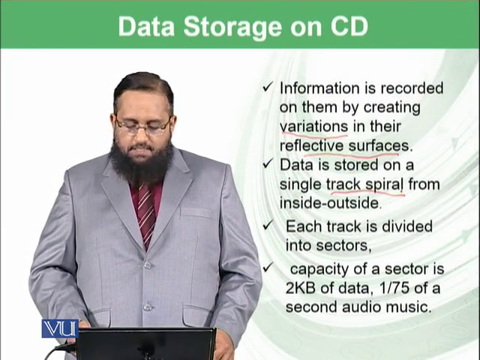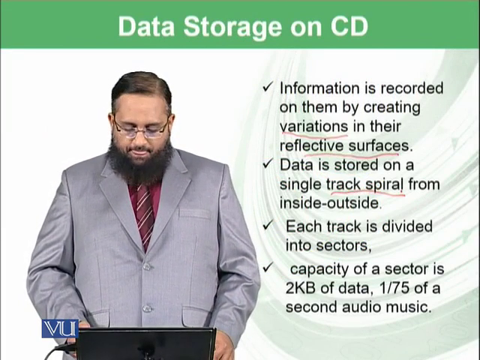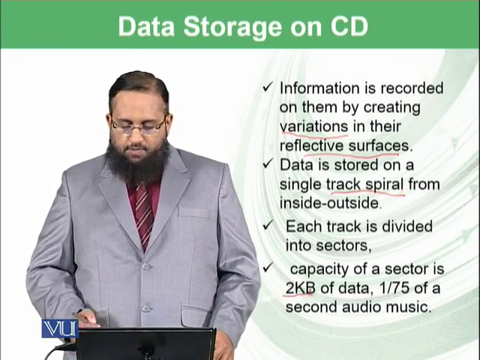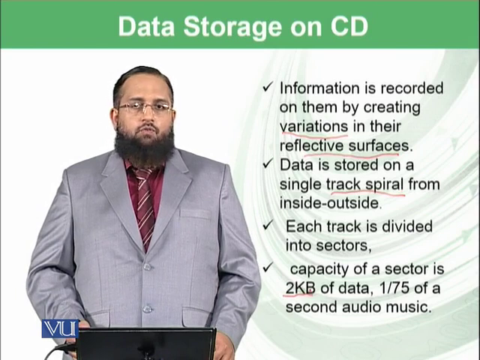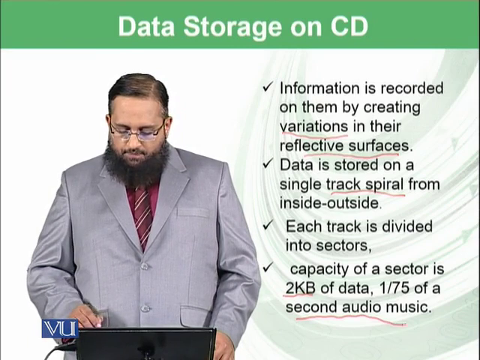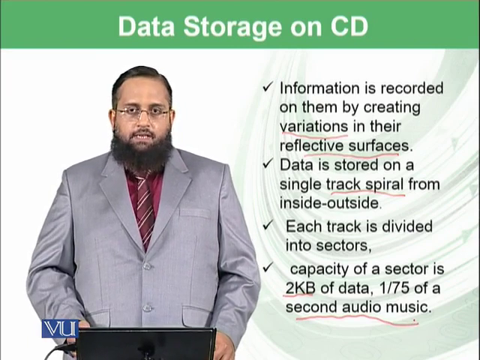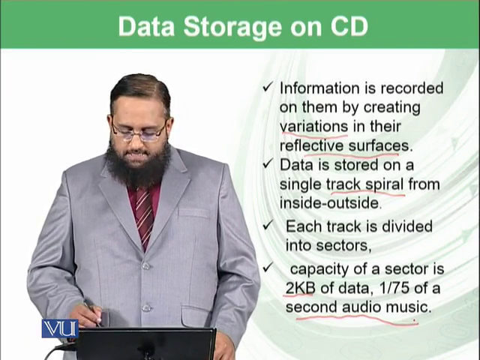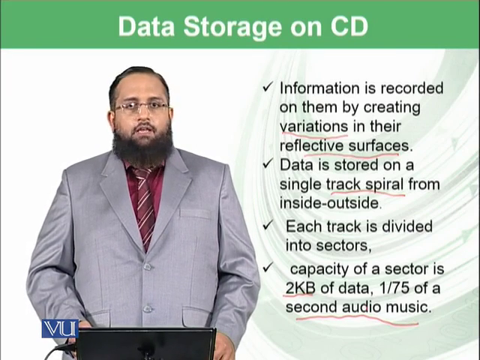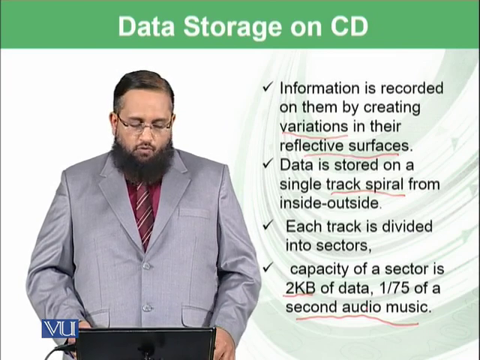Each track is divided into sectors, and the capacity of a sector is 2 kilobytes of data, which can store 1/75 of a second of audio music. This means if you want to store 1 second of audio music, you would need about 150 kilobytes of data on a CD.